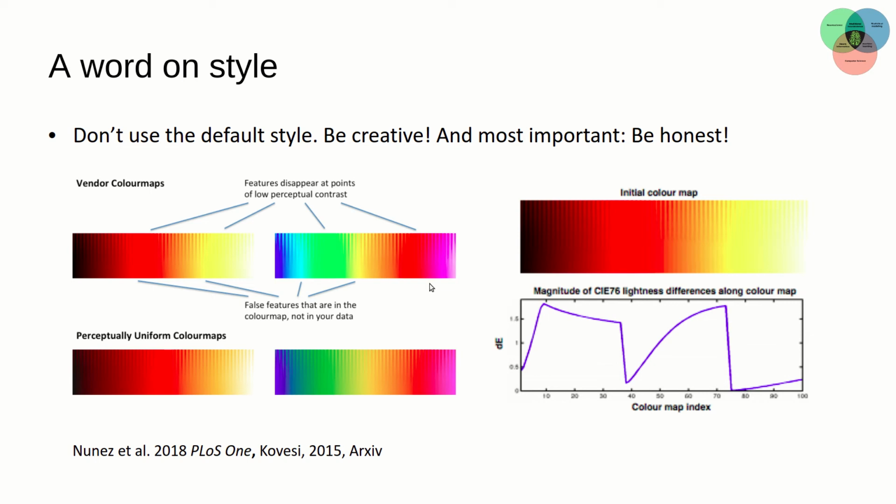And just as was the case with the news bar graphs at the beginning of this presentation, they can also sometimes make differences between certain data points seem much bigger than they actually are. So you have to be careful when you're using a color map, and we recommend always using perceptually uniform color maps to circumvent this problem.